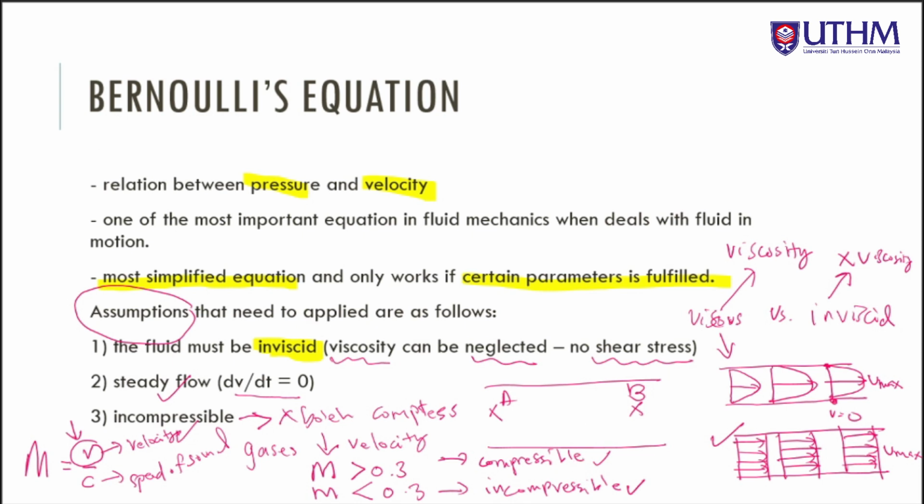So these are the important assumptions that we need to take into account if we want to apply the Bernoulli equation. The fluid must be inviscid, the flow must be steady, and the flow must also be incompressible.